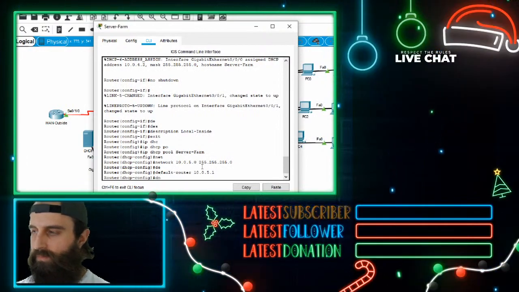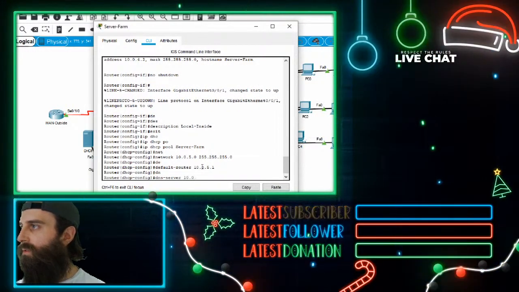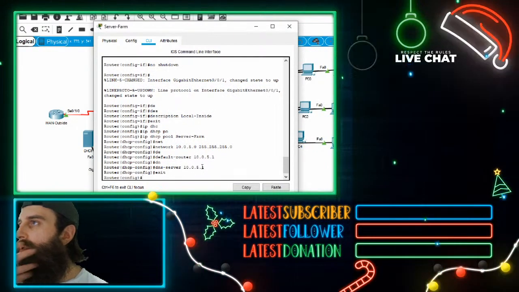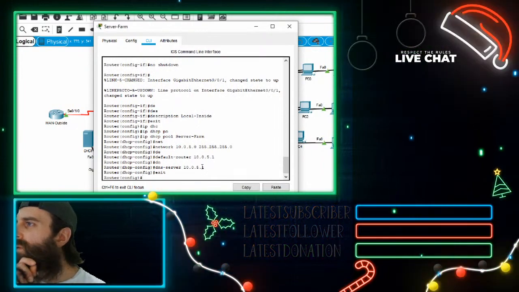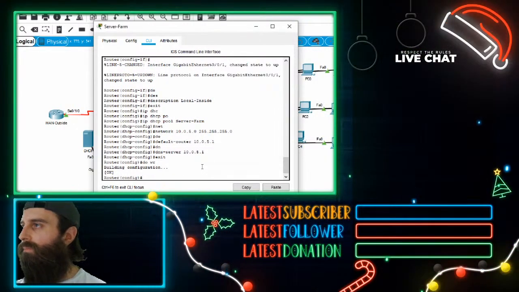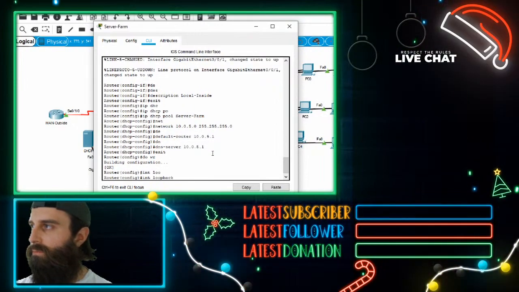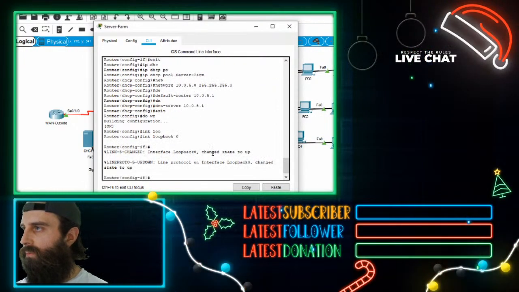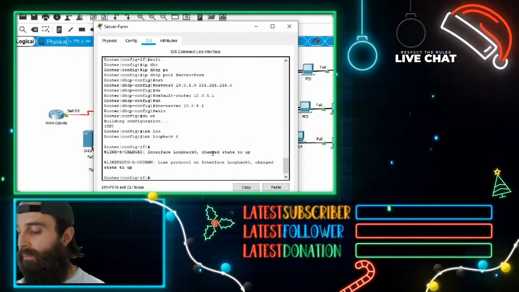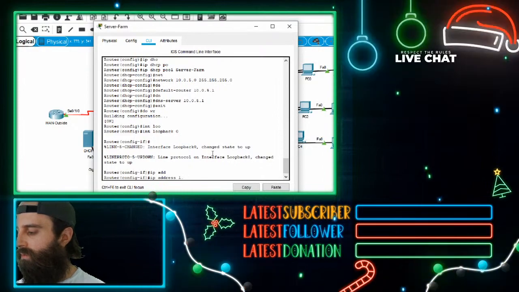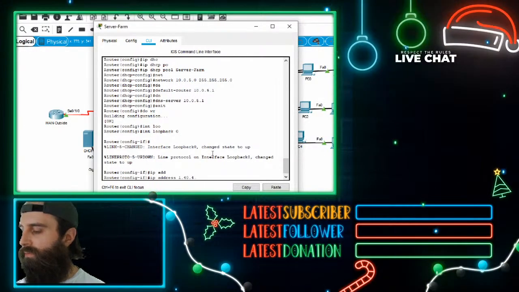DNS 10.0.5.1, and then exit. Oh, interface loopback 0. IP address 1.4.4.4.